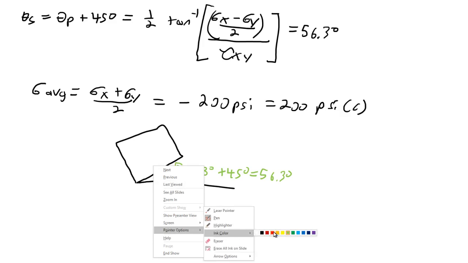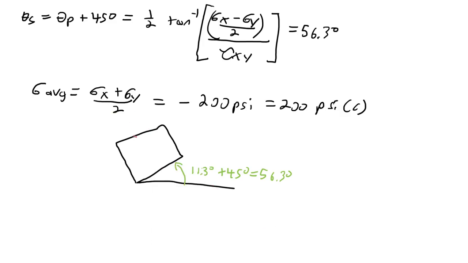Here, if we have 1300 psi in shear, we are drawing it as positive shear because that's what our equations indicate, and we're drawing it in an orientation compatible with our sign convention for positive shear.